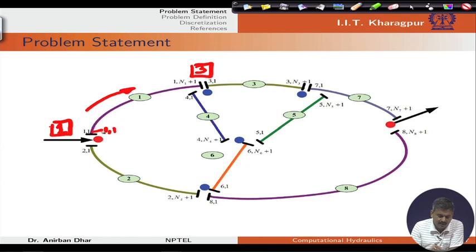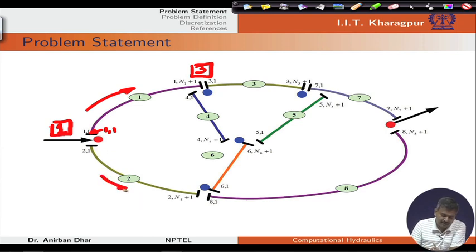Now, end node is 1, N1 plus 1. Like that I can discretize all the individual channel reaches.